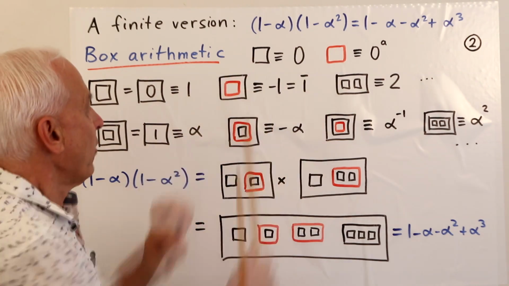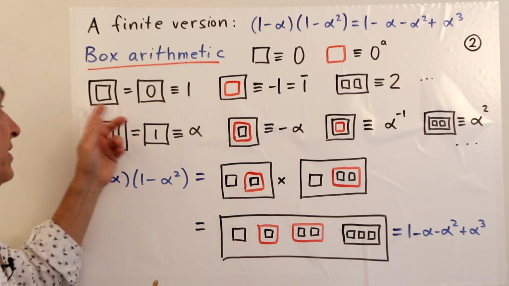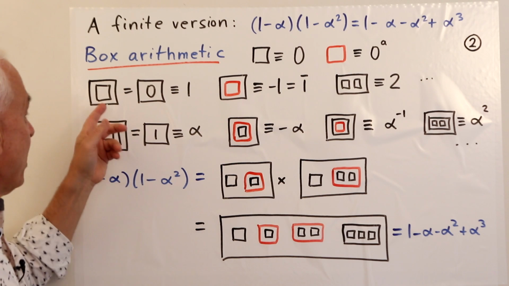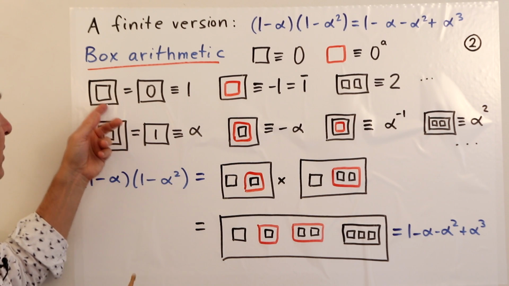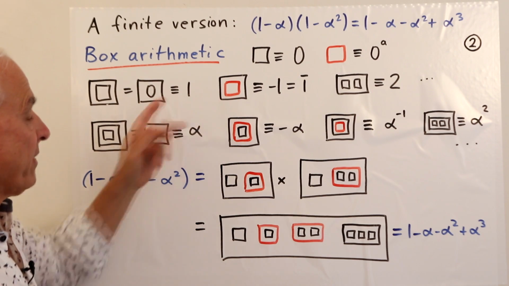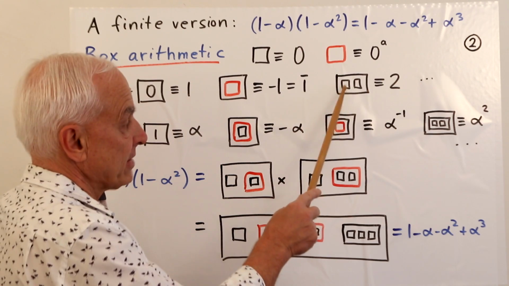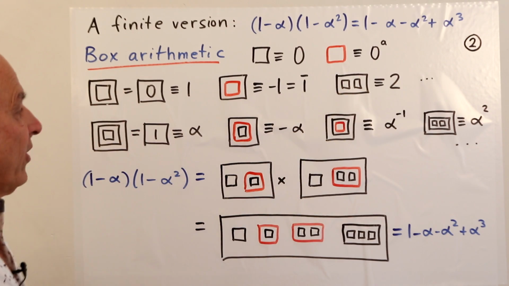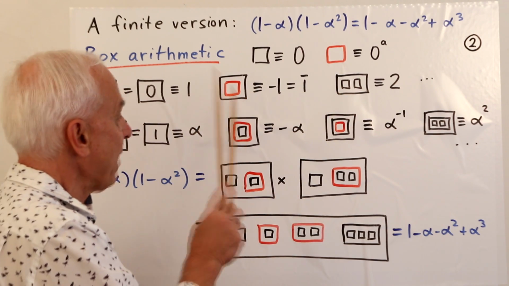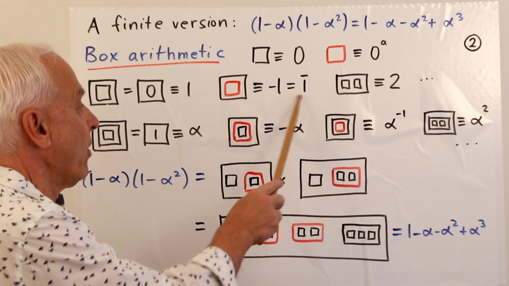Okay, so those are the zeros, and then a natural number is a box of zeros, and the boxes can be either black or red boxes. So this thing here is the basic new object, a box inside a box. That's like a box containing 0. That's the definition of the number 1. While the number 2 is a box like this with two black boxes inside it. And if we have a black box with a red box inside it, then that's minus 1, or anti-1.